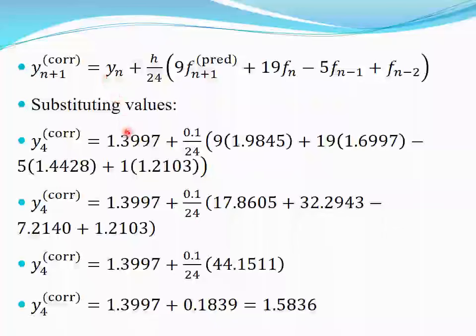What is the value of fn? f3. This value f3, minus 5, minus 5 is here. Now what is the value of n minus 1? You know the value of n is 3. 3 minus 1 is the value of f2.